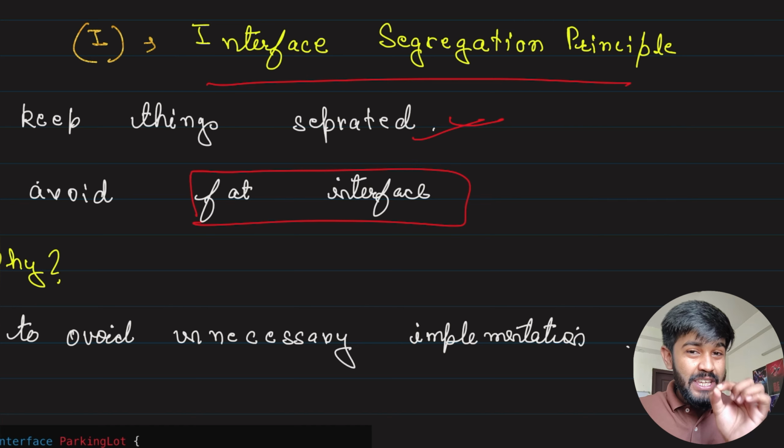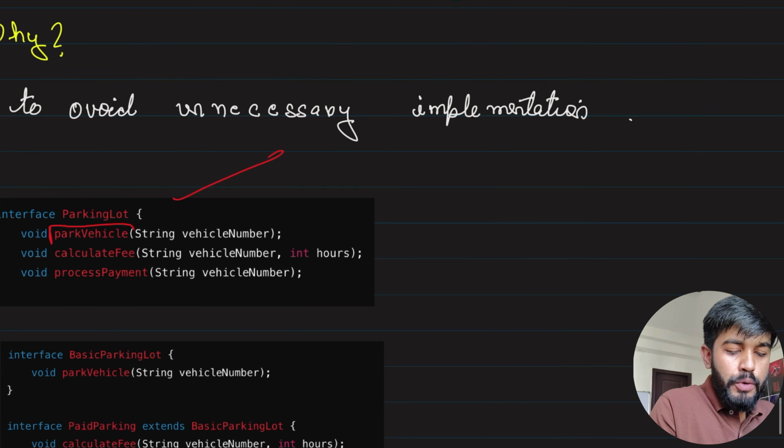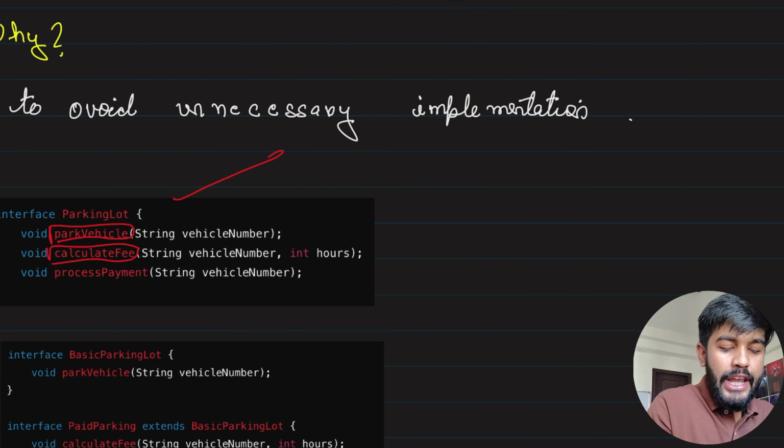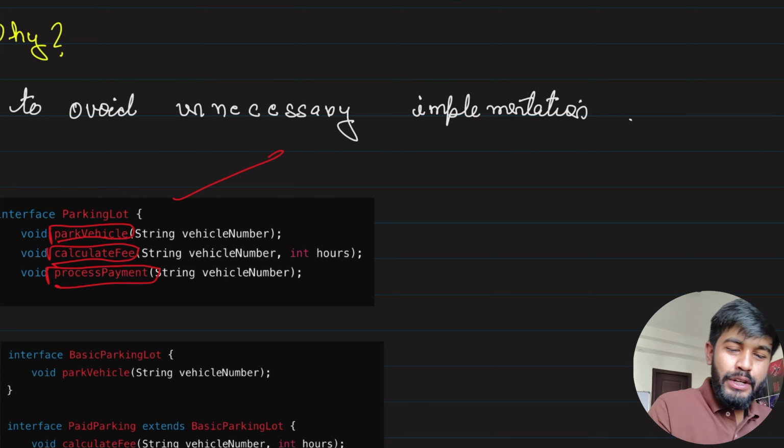Now let us see a problem if we don't use this. Let's say we have a parking lot interface which has a method to park vehicle, a method to calculate fee, and a method to process payment. Let's say tomorrow we want to do some free work also, because the company is generating a lot of revenue every now and then. So we introduce a new concept of free parking lot.